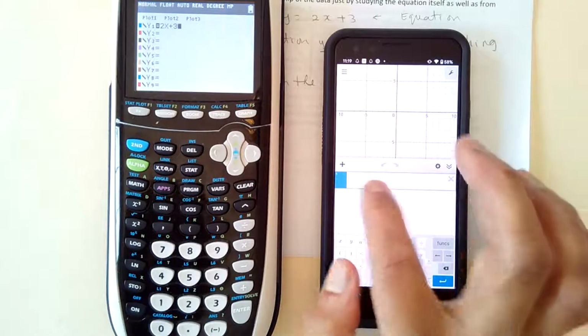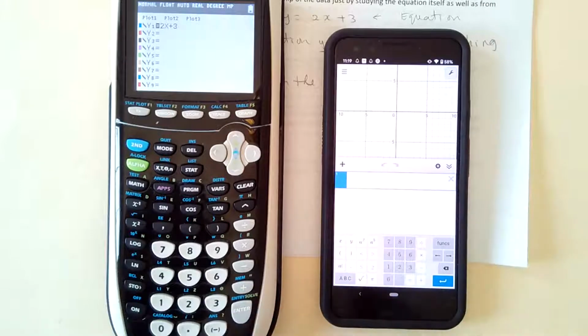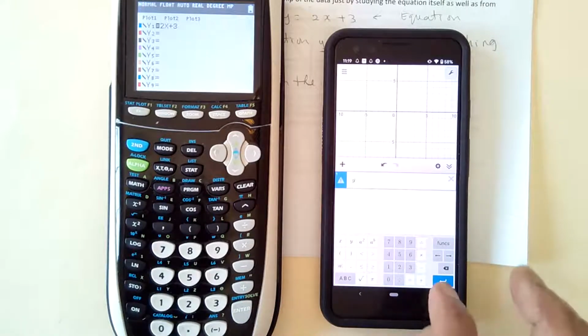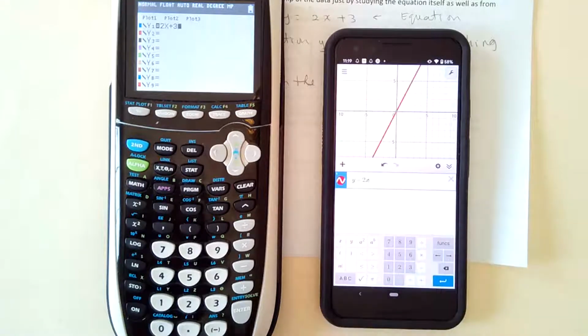I'll go to Desmos and do the same thing here. I'll tap in here and type y equals 2x. The graph comes up automatically. That's one of the many good things about Desmos.